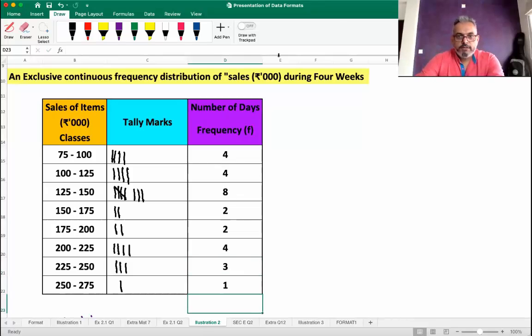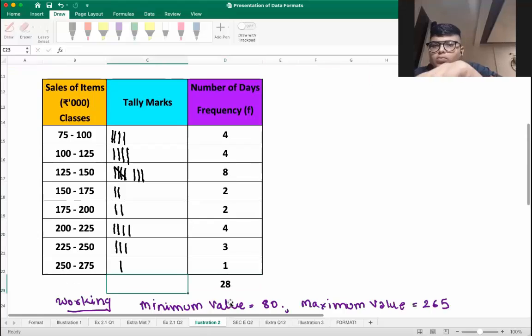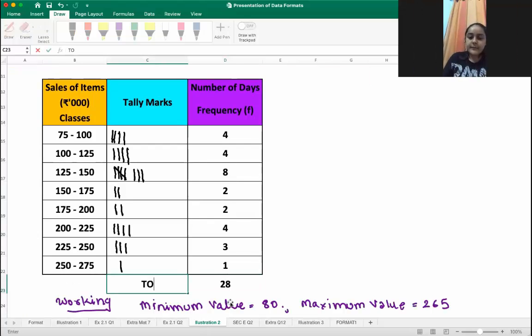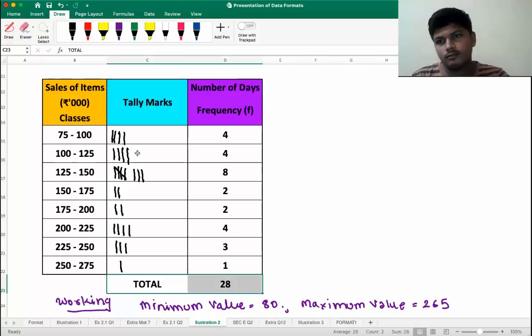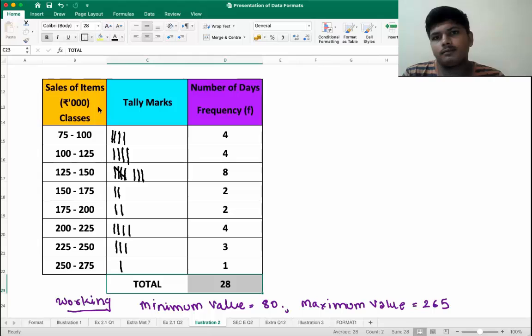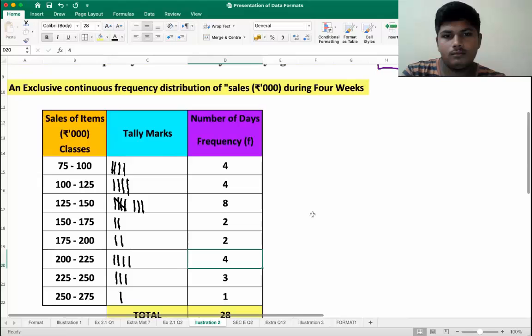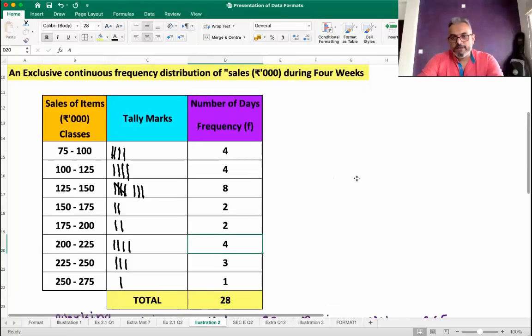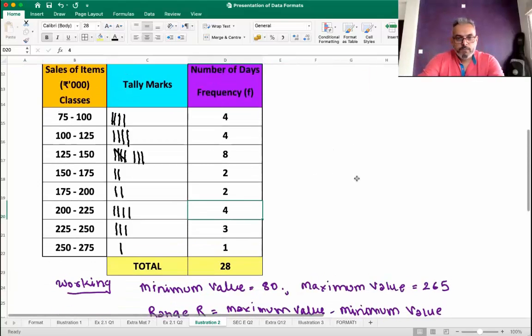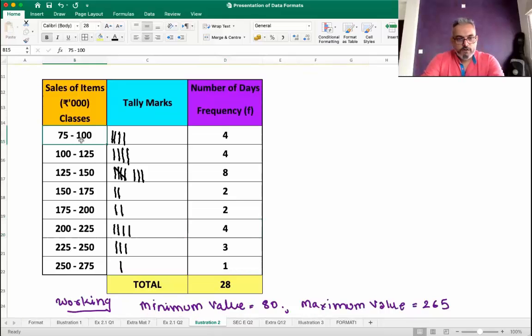Now, the total comes to 28. Cross verified, 28. I hope all of you got the correct answer. Now you can count the classes also: 1, 2, 3, 4, 5, 6, 7 and 8. 8 is what we want.